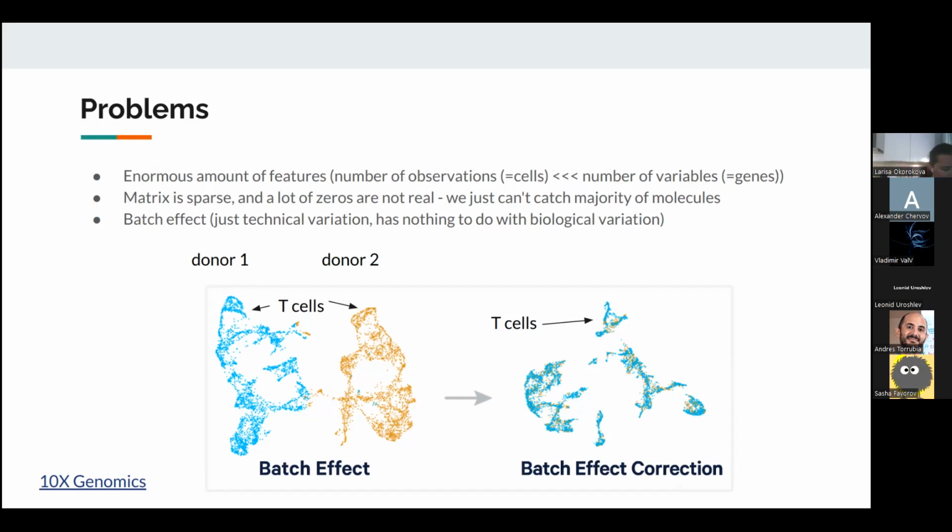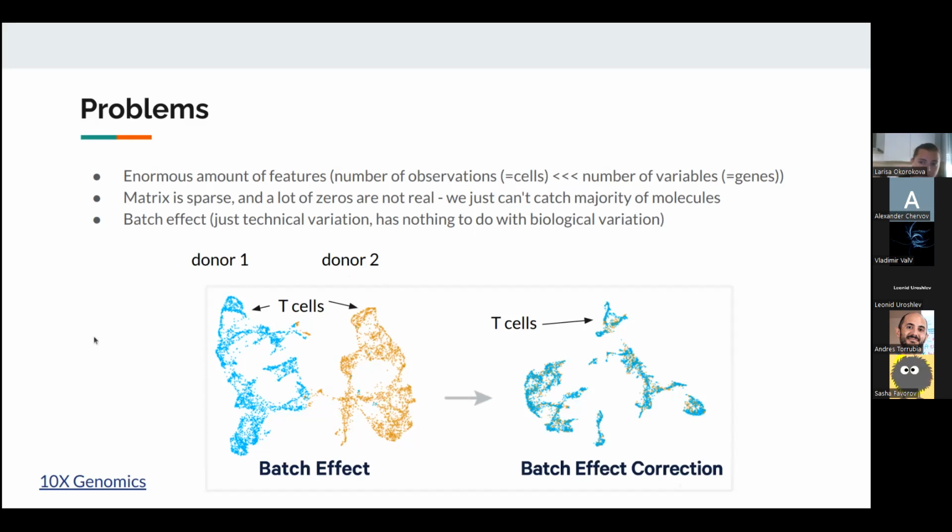Batch effect is the technical variation that we experience in our experiments. How does it look when we put all these things together? We have, let's say, one donor and a second donor, and all the cells are so different between each other, so we can assume that there is a big biological variance.